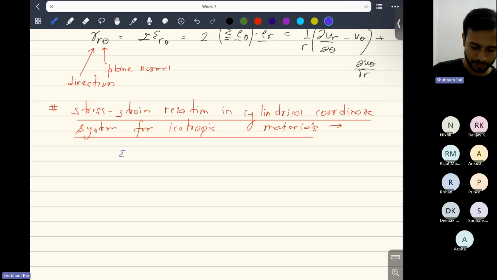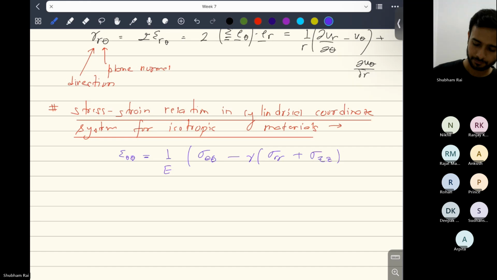First we have epsilon theta theta, given by 1 over E, same thing, sigma theta theta minus mu times sigma RR plus sigma ZZ. You can also write it down by yourself. And then you have epsilon ZZ, that will be 1 over E, sigma ZZ minus mu times sigma RR plus sigma theta theta.